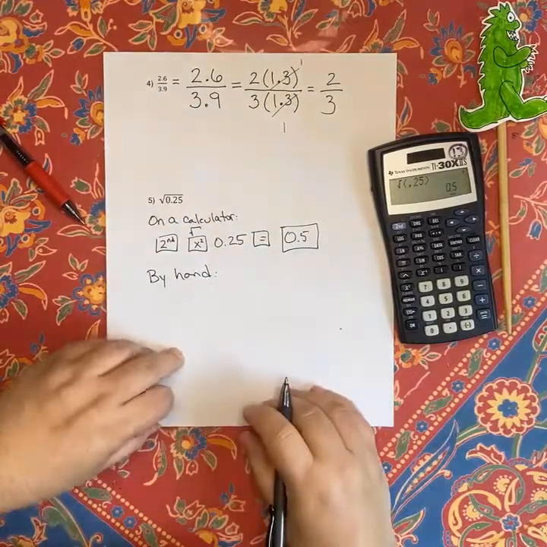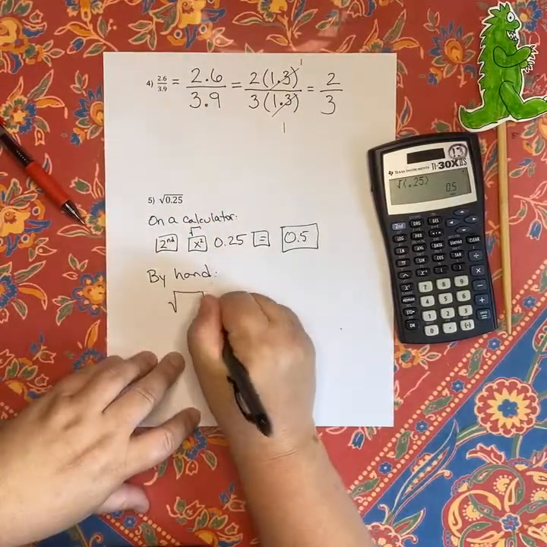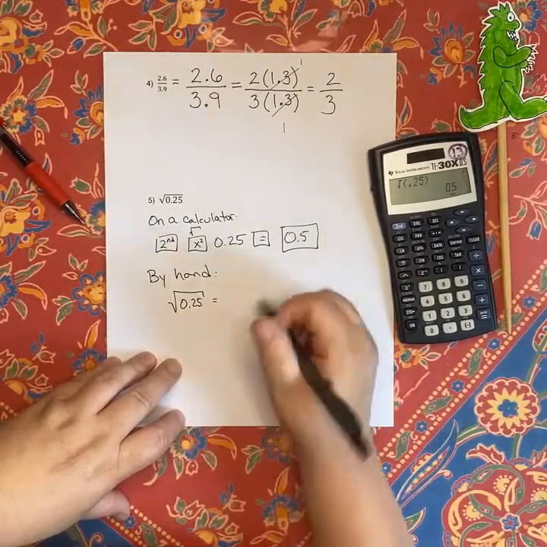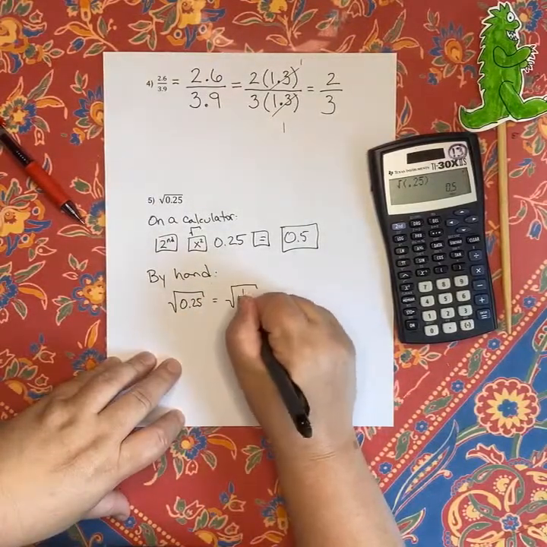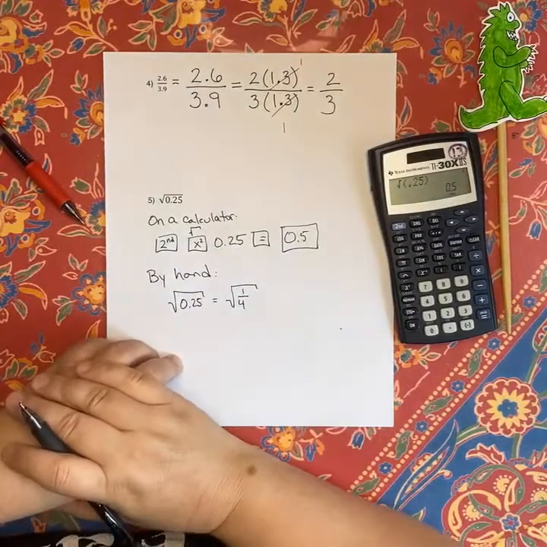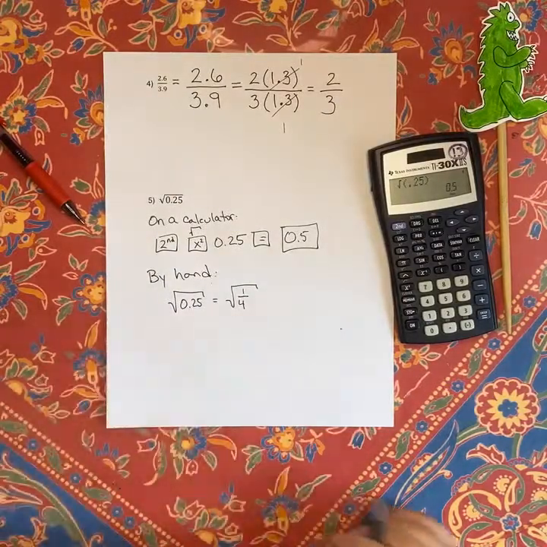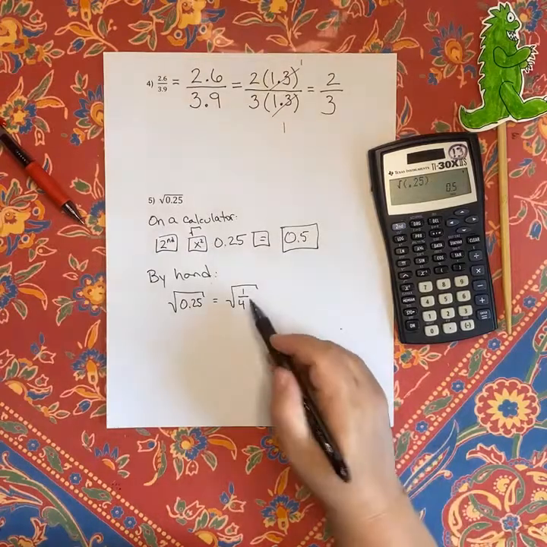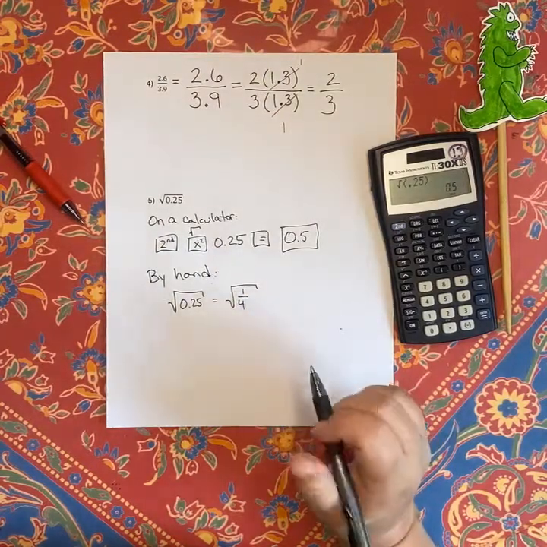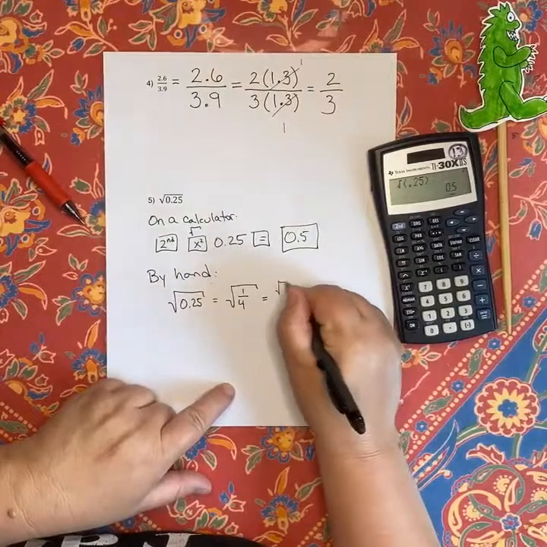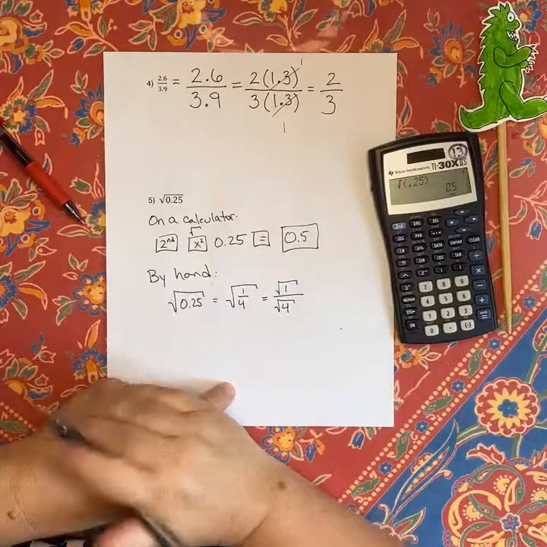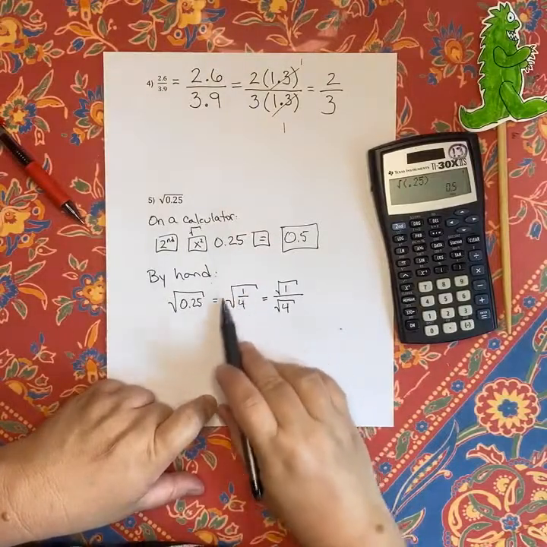I just wanted to point out that radical 0.25 is actually radical 1/4. And I want to take you through some radical facts: if you've got a fraction inside a radical, you can split up the radical to the top and the bottom. Now, some people do know how to do this just straight up.